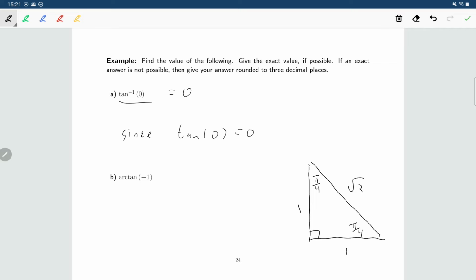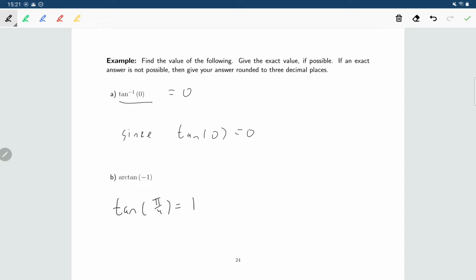And not a surprise then, at negative 45 degrees, tangent has a value of negative 1. So since tangent of pi over 4 is positive 1, then tangent of negative pi over 4 is negative 1, which means that tangent inverse of negative 1 should be negative pi over 4.